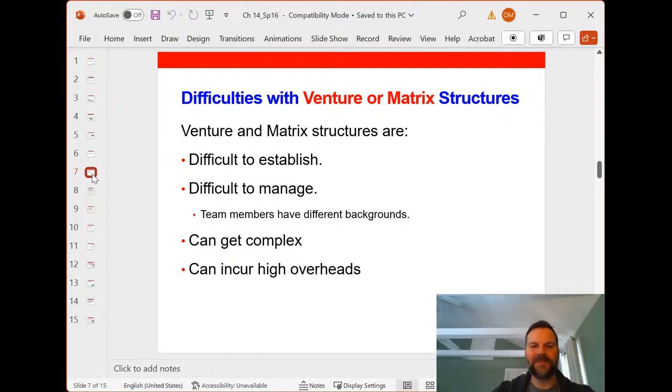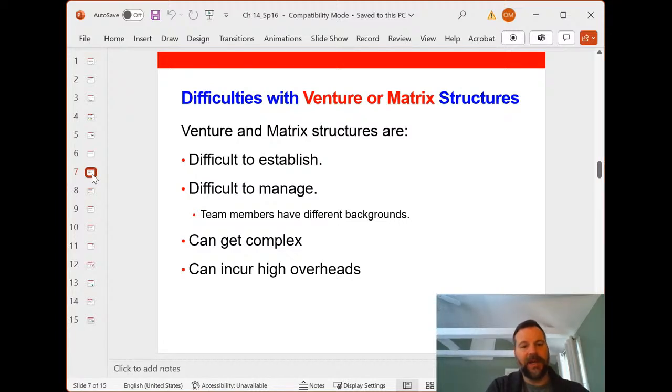So going back to our different types of management structures, on one end, we have this venture type of structure or matrix. And really the problem here, when you roll out employees out of their regular roles, it can be difficult to manage them.